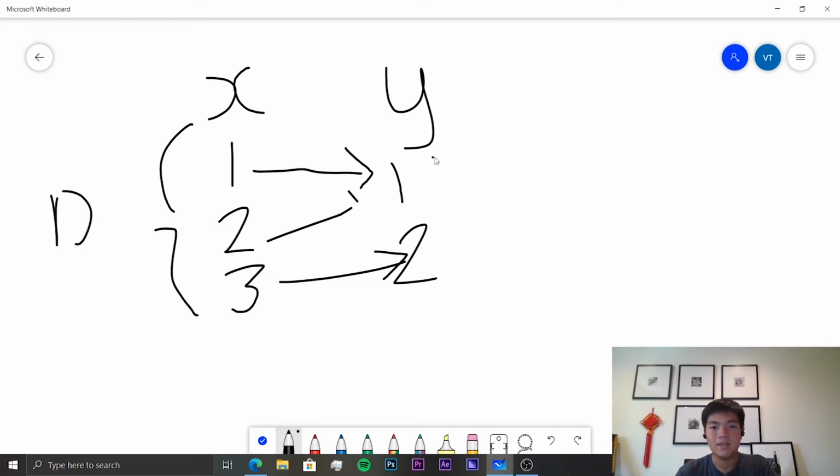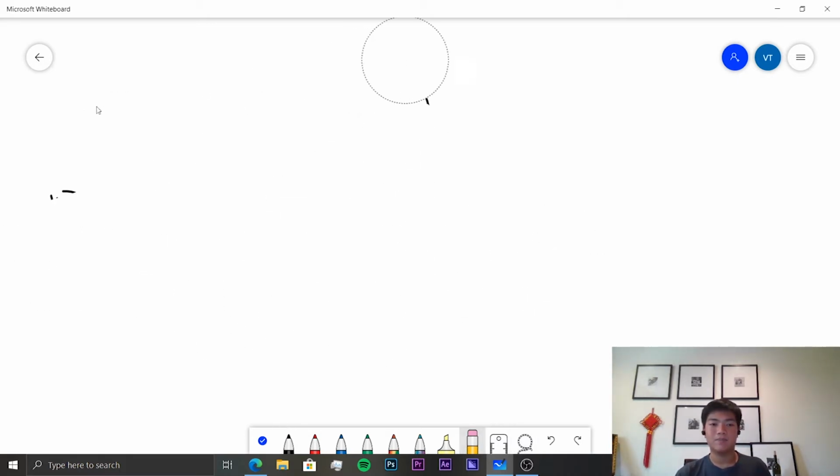And the set of y values is called the range of the function. This is important because some functions are only defined for a certain domain and some only for a certain range. I think that was pretty much it for functions, so let's get into some questions.